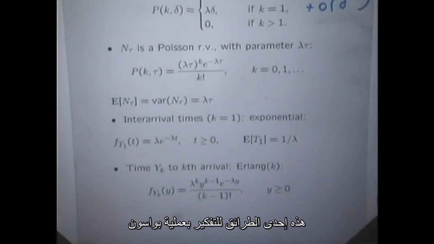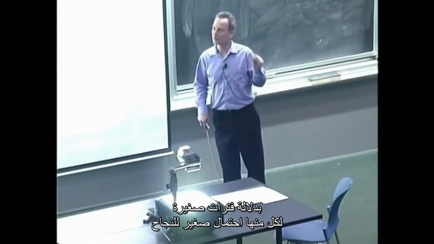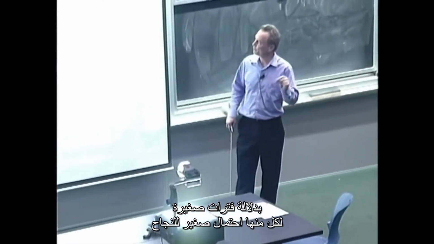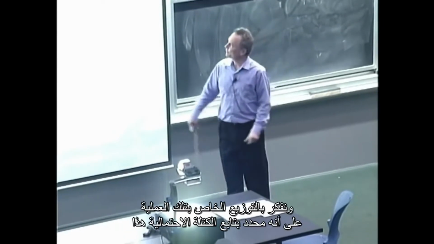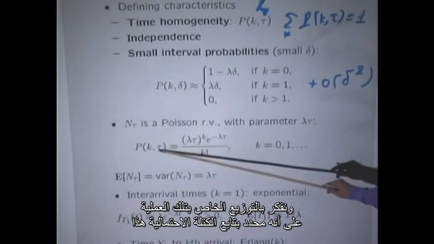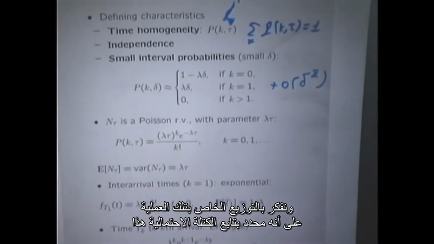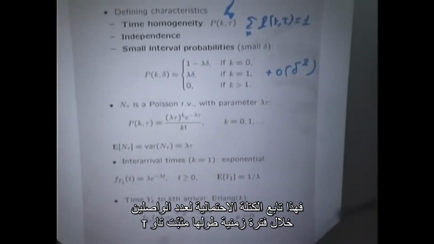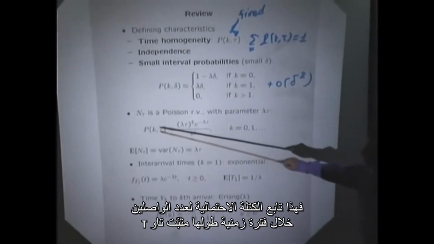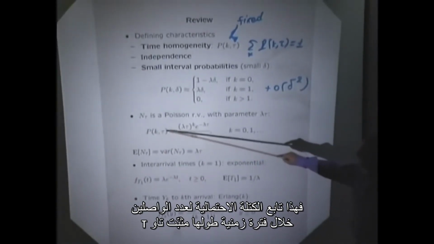So this is one way of thinking about the Poisson process in terms of little intervals, each one of which has a tiny probability of success. And we think of the distribution associated with that process as being described by this particular PMF. So this is the PMF for the number of arrivals during an interval of a fixed duration tau.